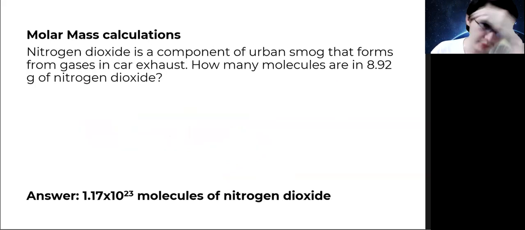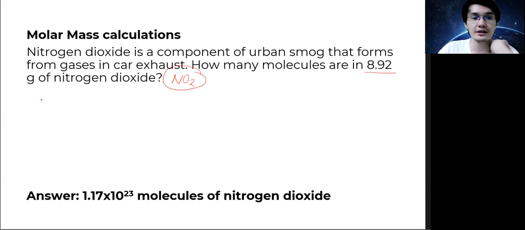So this example combines the previous problem into one. So we start off, we are given 8.92 grams of nitrogen dioxide.